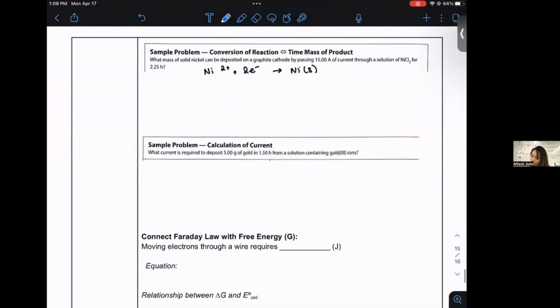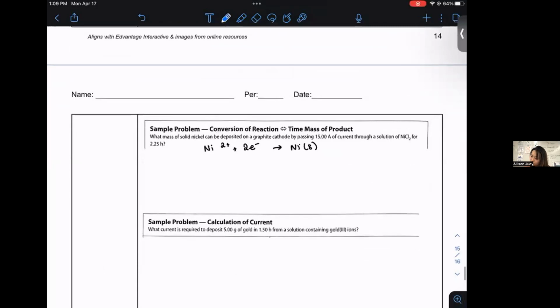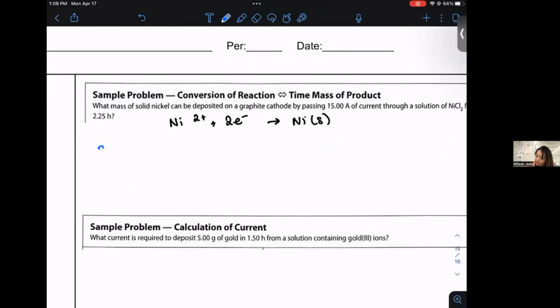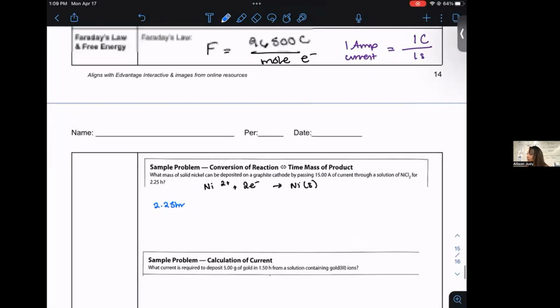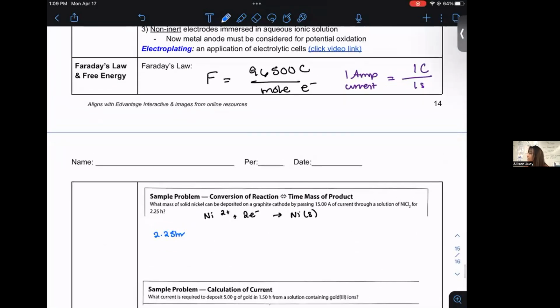I start with the knowledge that I have 2.25 hours. Right now that's not very helpful, but if I get it into seconds, I can relate it to coulombs and amps. And if I get it to coulombs, I can get it to moles of electrons, and from moles of electrons to the molar ratio of nickel produced.